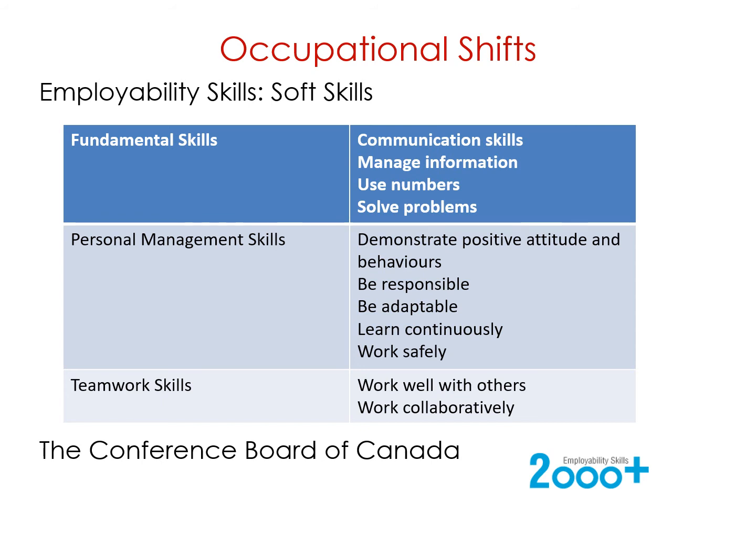And so these companies, along with the Canadian Conference Board, said that really there's 3 categories of skills that are really important for employees in the future. And they have identified them as fundamental skills, personal management skills, and teamwork skills. So as you can see, they're all in the soft skills domain.